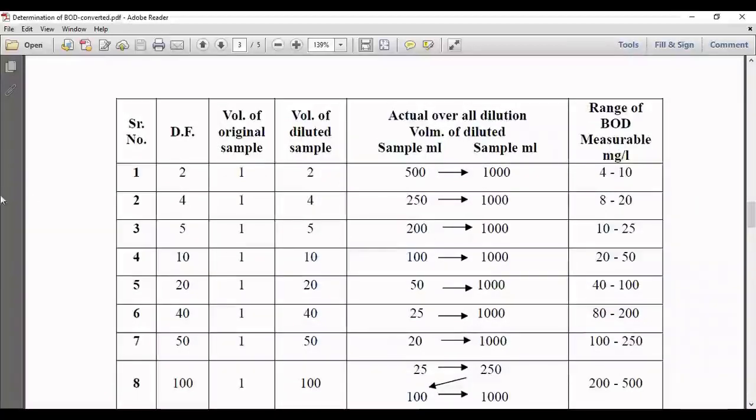For example, I have to adopt a dilution factor of 2. That means the volume of the original sample is 1 and the volume of the diluted sample is 2.